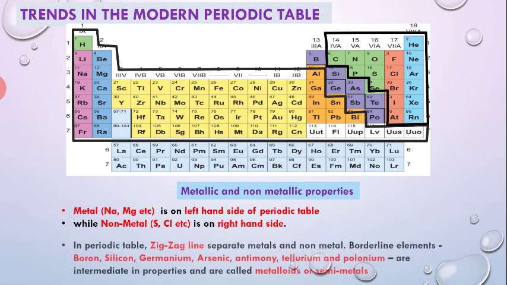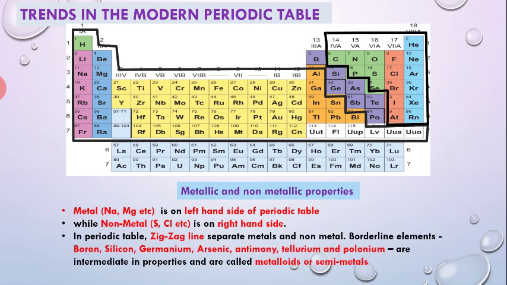In the periodic table there is a zigzag line, and this zigzag line separates the metals and non-metals. The borderline elements on this zigzag line, such as boron, silicon, germanium, arsenic, antimony, tellurium and polonium, are intermediate in properties of metal and non-metal, and therefore they are called metalloids or semi-metals.